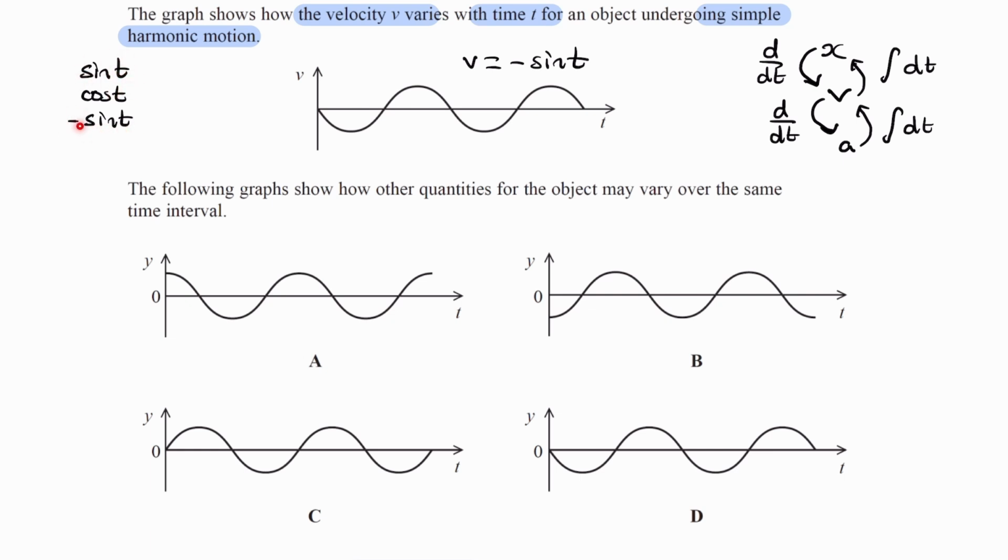We have a minus sign in front. That minus sign just carries through. So minus sine differentiates to make minus cos. Cos differentiates to make minus sine. We have cos here, so this bit differentiates to make minus sine t. But we already have a minus sign in front. The two minuses cancel, and we're back to sine t, and the process then repeats.